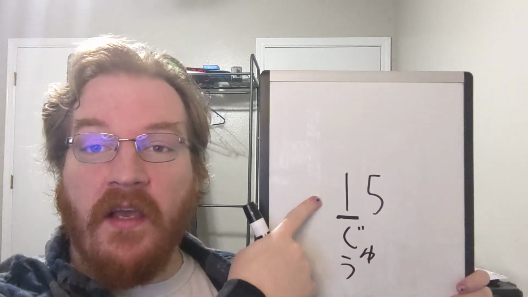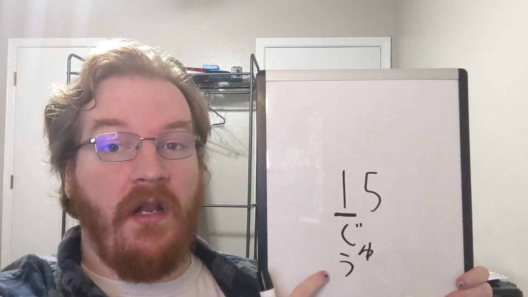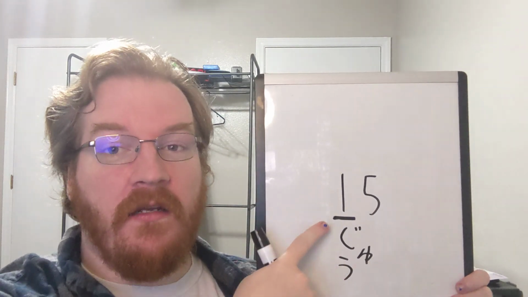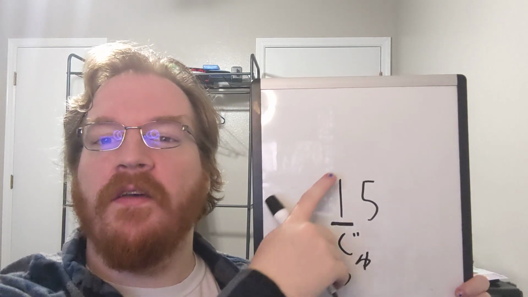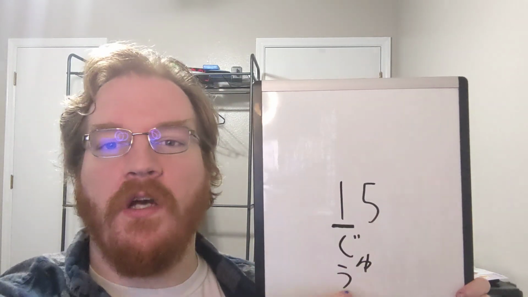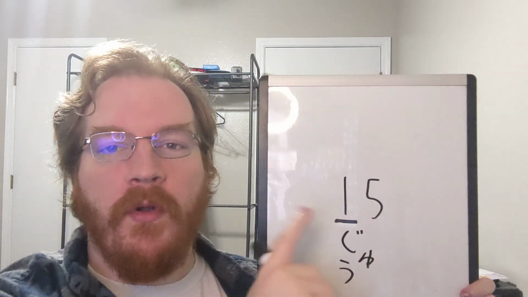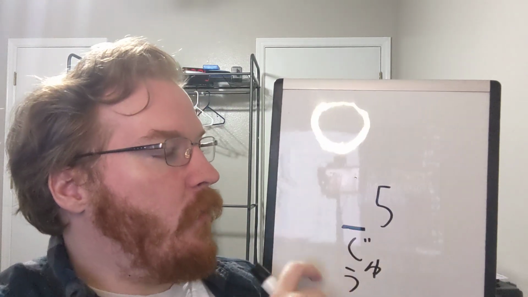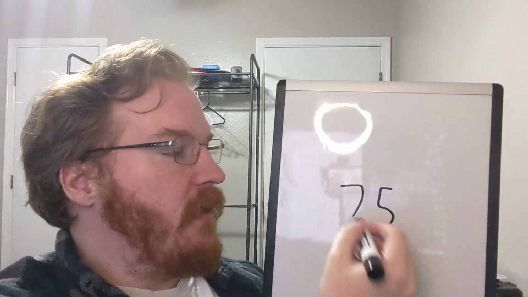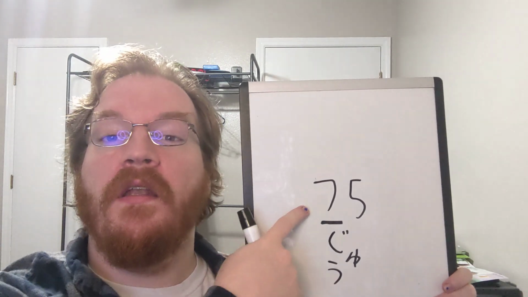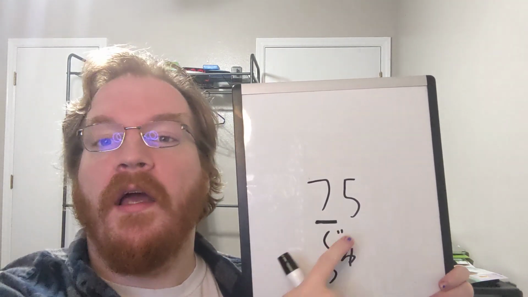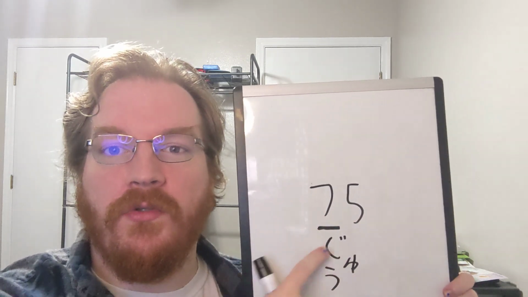So you can think of this as one unit of 10, ichi. We don't say ichi, however, but just ju in this case. If a 1 appears in the tens place, we don't say the 1, we just say ju. But normally we would say what goes here. So say, for instance, the number 7 was put in its place. This would be nana ju, and then go. Nana ju go.